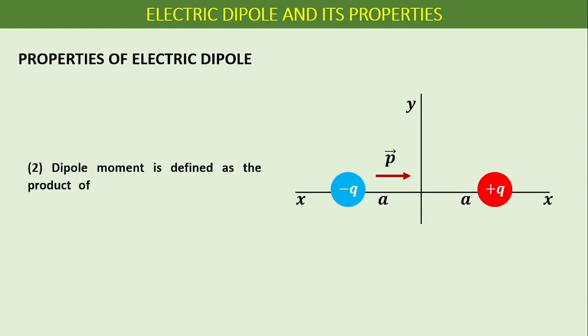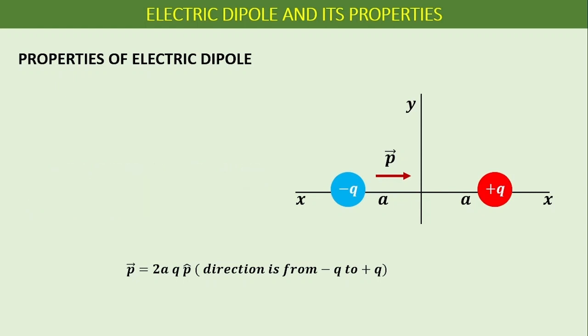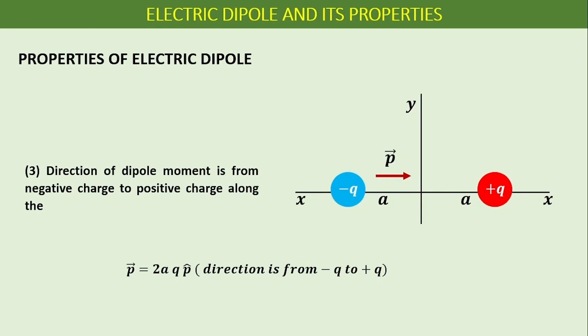Dipole moment is defined as the product of the magnitude of either of the charges and the dipole length. p vector equals 2aq p cap. This p vector is directed from minus q to plus q. Third point. Direction of dipole moment is from the negative charge to the positive charge along the axis.